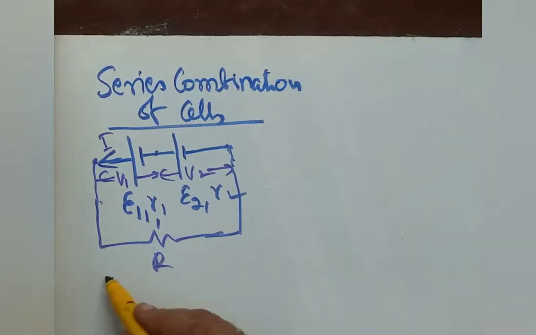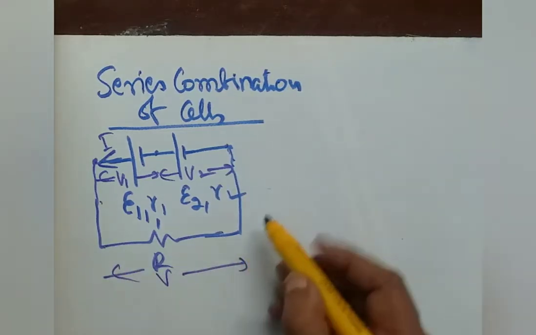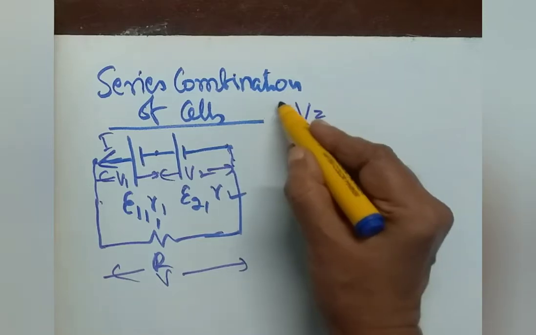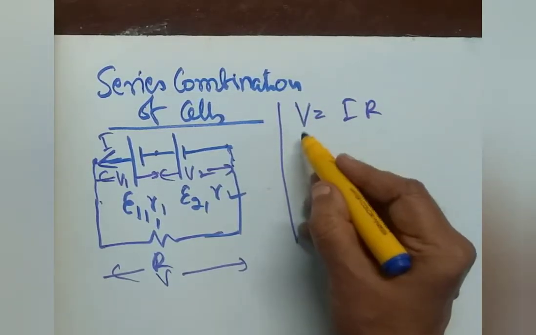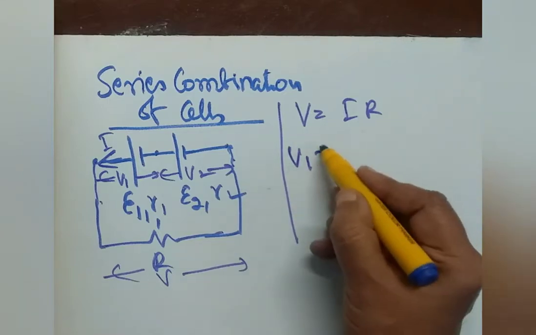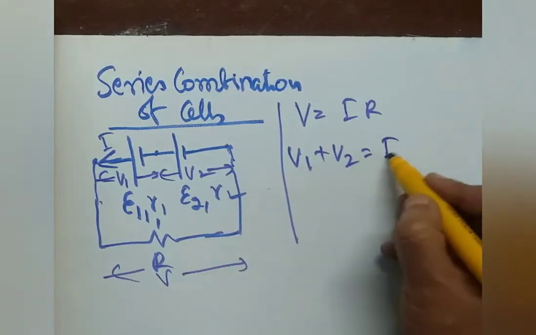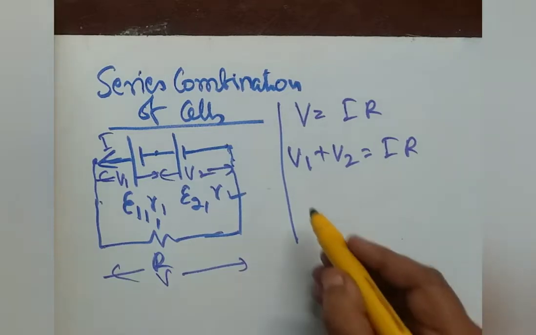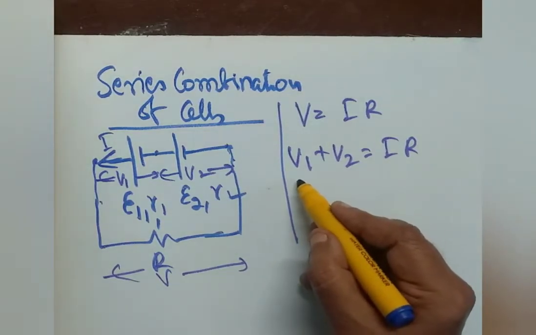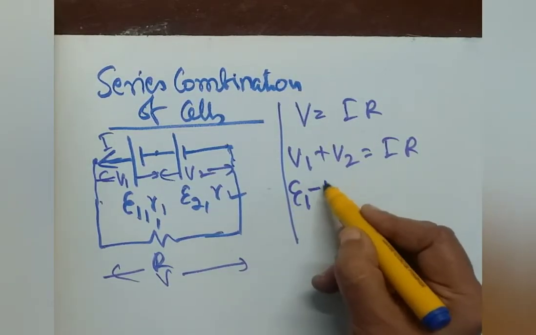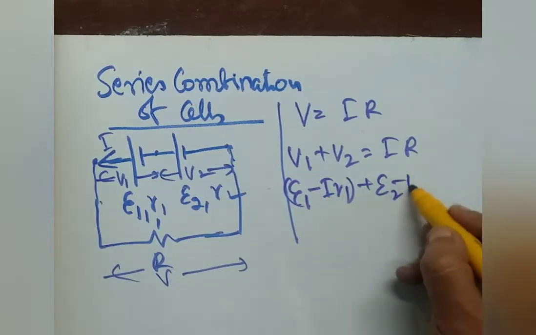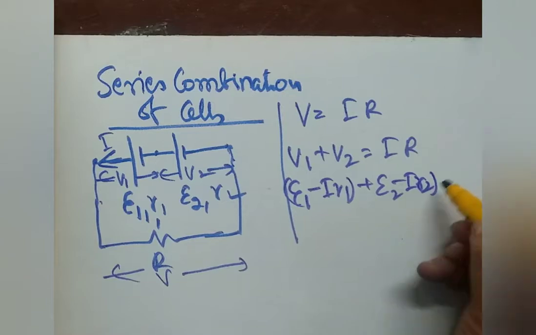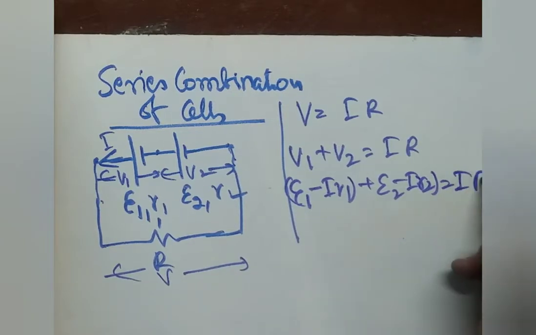Then the potential difference across R, V equals I into R, but V is V1 plus V2 equals I into R. V1 is E1 minus IR1 plus E2 minus IR2, which is equal to I into R.